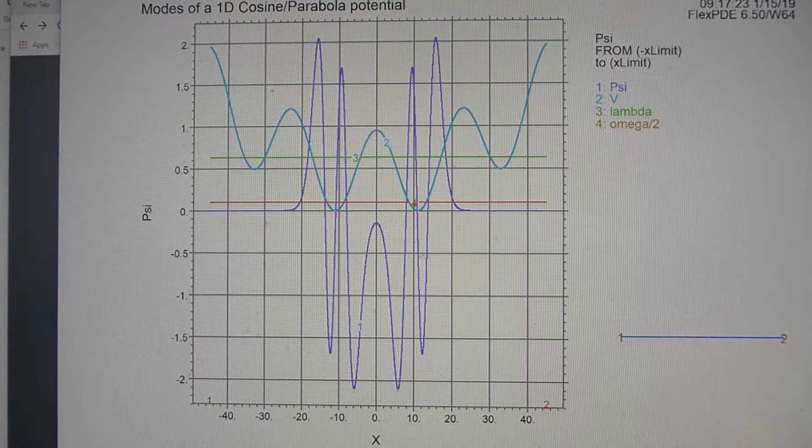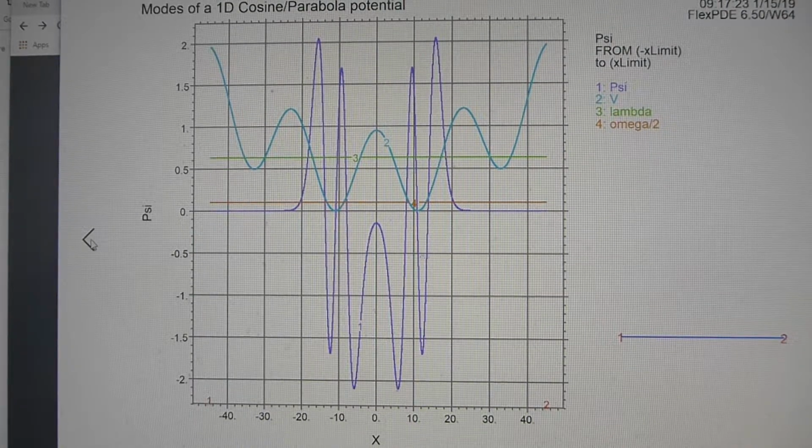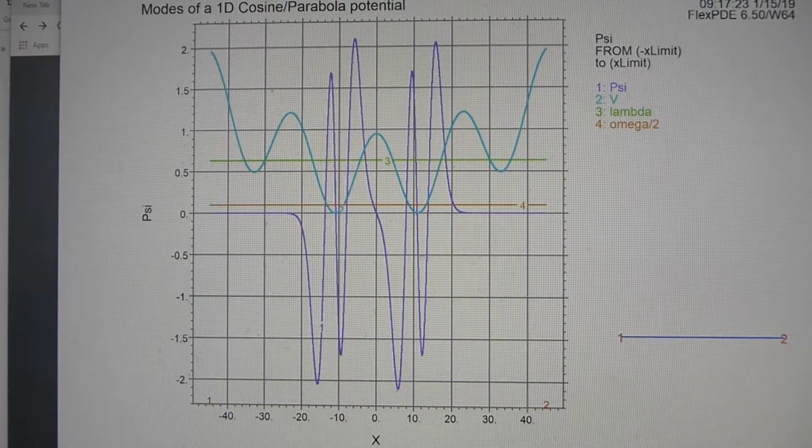So there's our next one. And here is an additional one. Notice that this one happens to be even with respect to the center of the potential well, and so does this one.